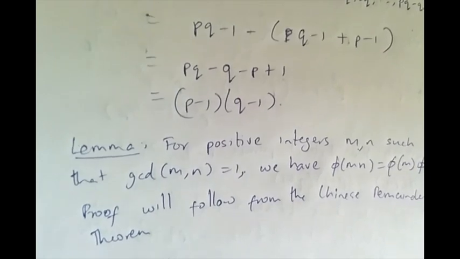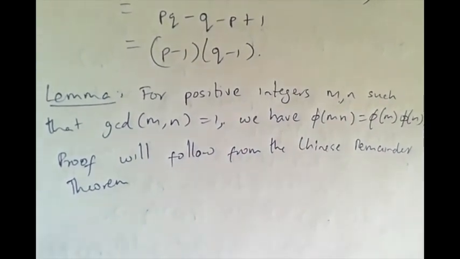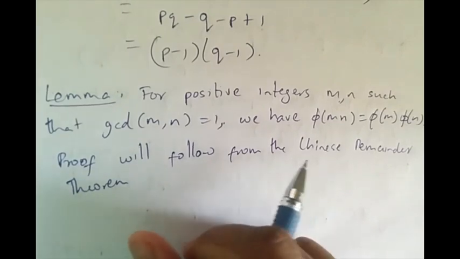So we will not be proving this. Once we have the Chinese remainder theorem, this will follow as a corollary.